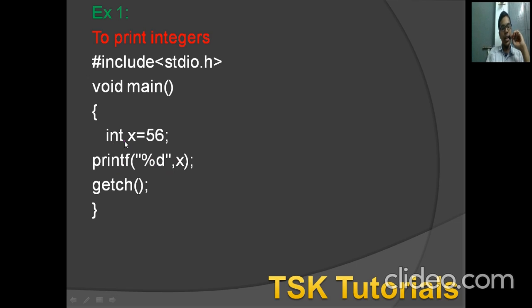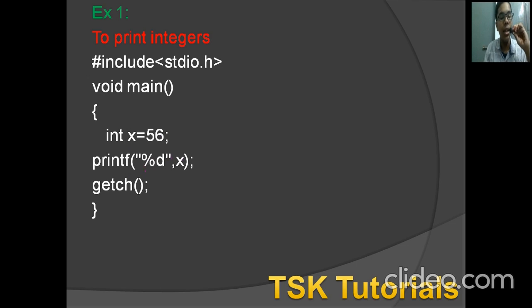For the int data type, to represent integers, int must be written, and to represent it on the output screen, %d must be written. We have to give this in the double quotes. What output? Only 56. That's it. You should not write x in the double quotes. If you write x there, you will get x, the variable name, as output.